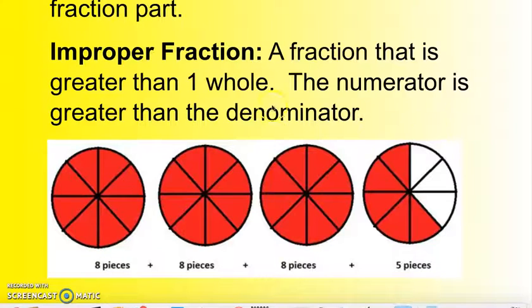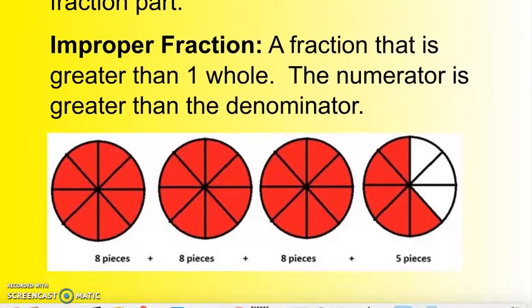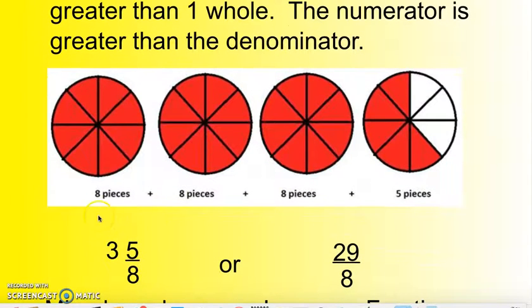The numerator is going to be greater than the denominator because if you count up all these individual slices, we have 8 pieces in each whole, so 8 plus 8 plus 8, that's 24 pieces, plus we have 5 more.